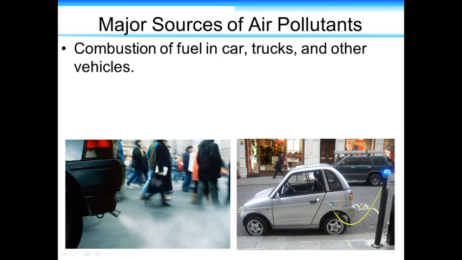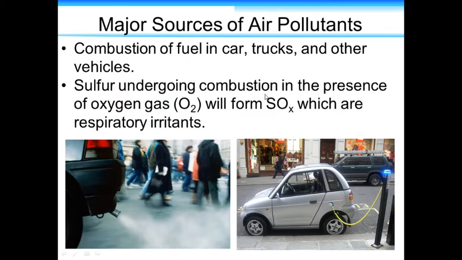However, one advantage is at least if the energy is generated in a single place, we may be able to treat any pollution a little more effectively versus having many different cars on the road that are emitting exhaust.